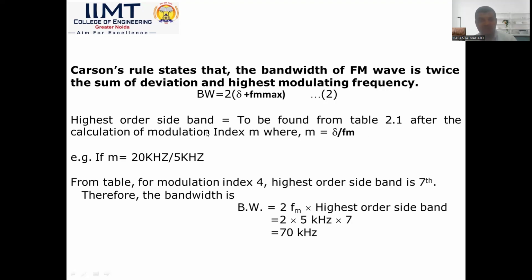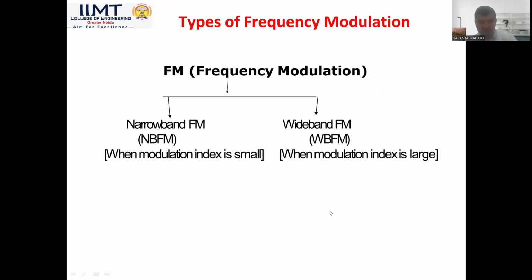After the calculation of modulation index, where M is equal to delta upon Fm, if M is equal to this, from the table, the modulation index is 4. The highest order sideband is 7. Therefore, bandwidth is equal to this. So these are the mathematical calculations.